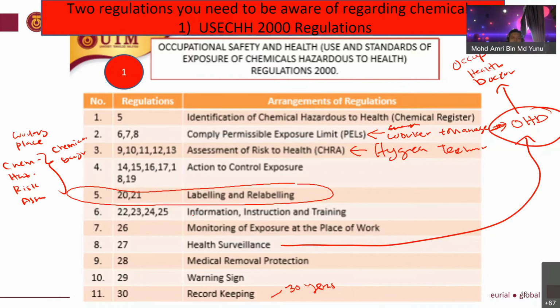There are other regulations like information, instruction, and training. That's why in any organization, when they handle a lot of chemicals, they rely on consultancy and training on how to handle them. The same people who are CHRA, certified CHRA, can give the training.